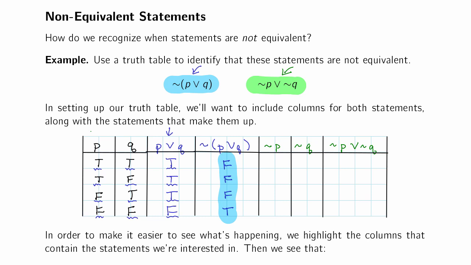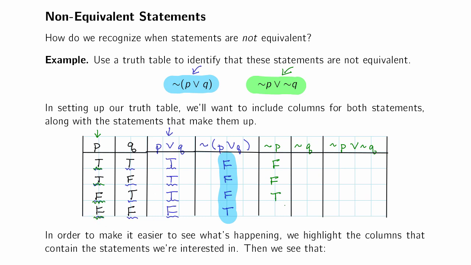So not P, we look at the P column and take the opposite of whatever we see there. So the opposite of true is false. The opposite of true is false. The opposite of false is true.